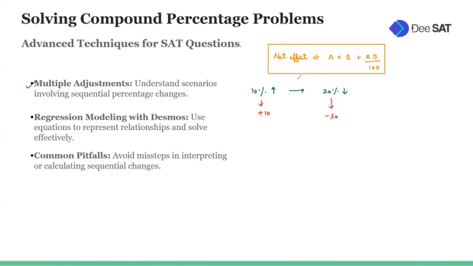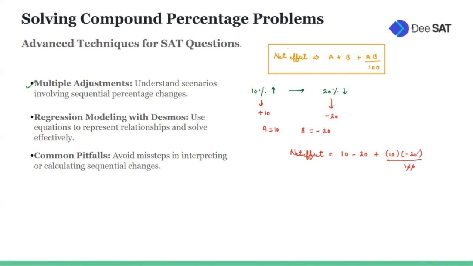So with the same formula, to get the net effect of both values, we can put the value of A as 10 and B as minus 20. So I can say that the net effect is 10 minus 20, plus 10 times minus 20, whole divided by 100.